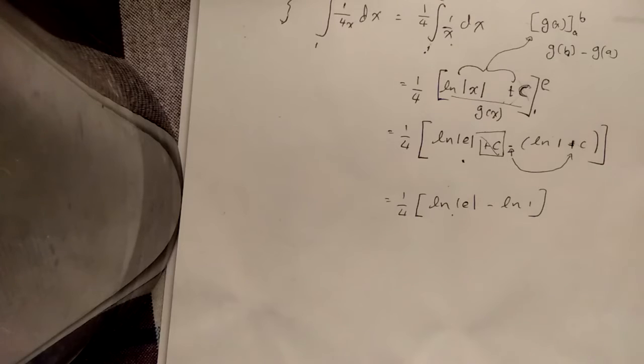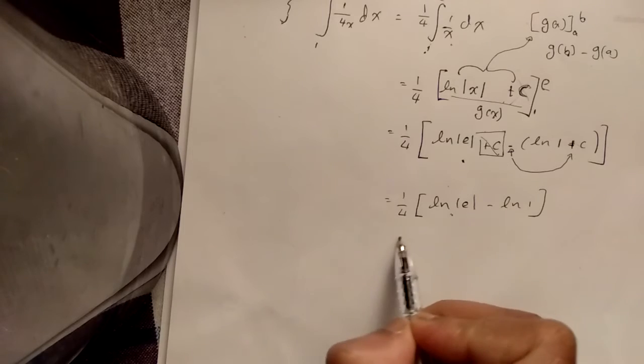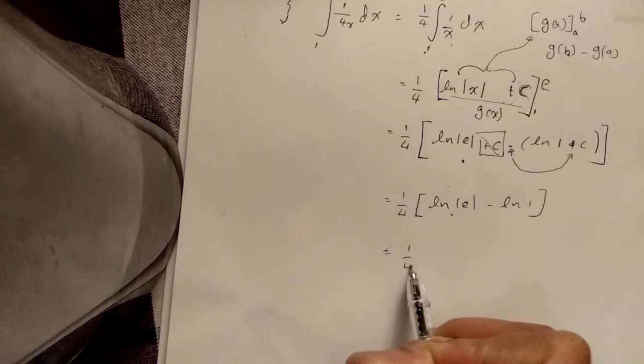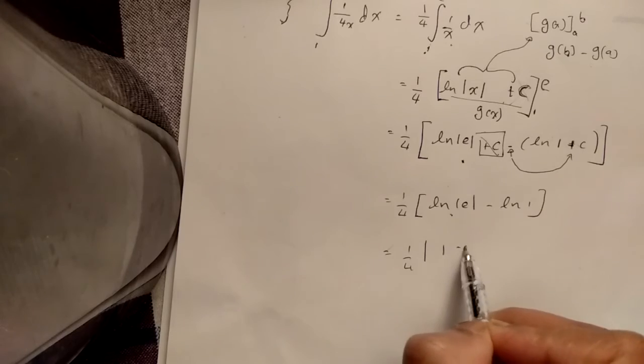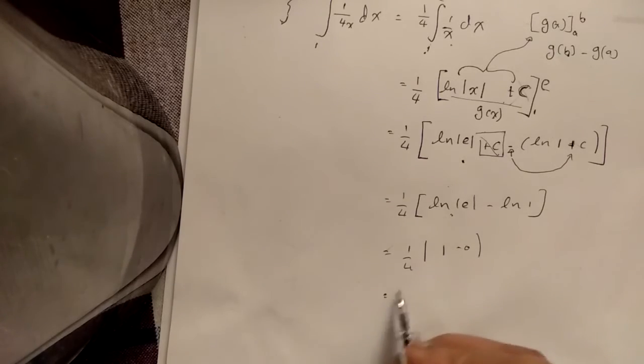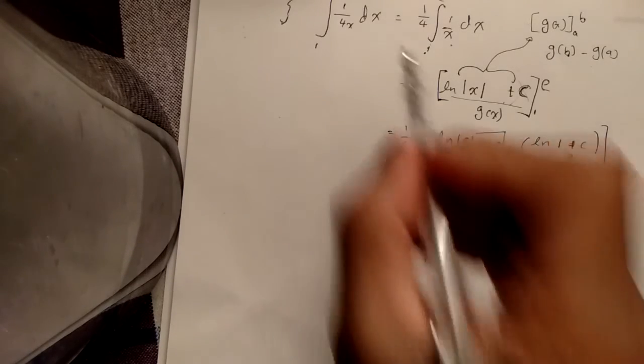So this becomes the answer, and you can even simplify it a little further, because ln e is equal to 1 and ln 1 is equal to 0. So this is the answer for the given problem.